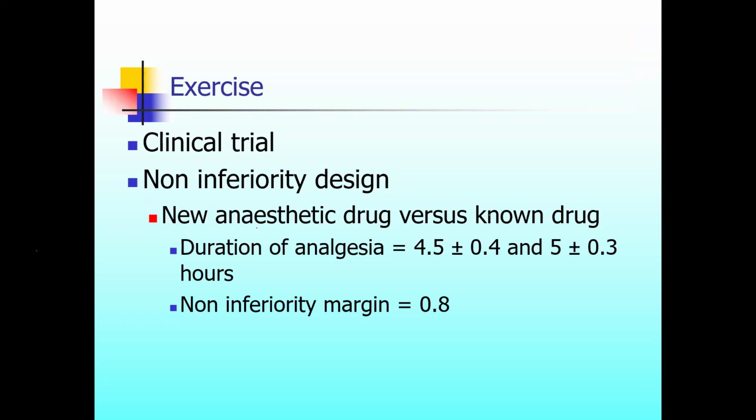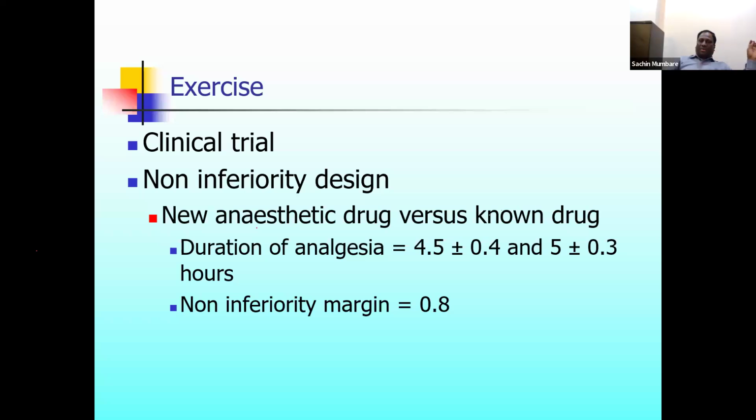You will understand. Because it should not be less than or equal to 4.2, that M1. Yeah, because the known drug is giving duration of analgesia equal to 5 hours. Non-inferiority margin is set at 0.8. That means inferiority will be defined if the new drug gives the value less than 4.2.